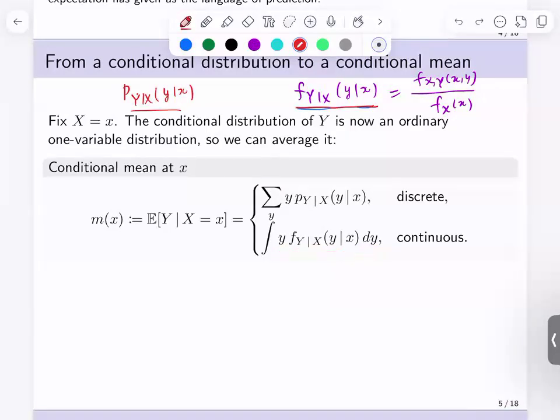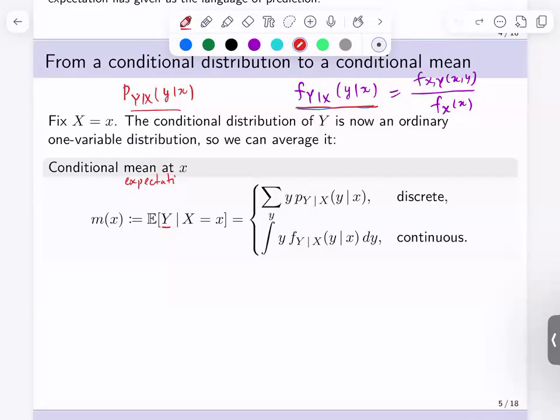This is a notion of mean for this conditional density, and it would be denoted like this. It is the conditional mean of y given x. Assuming that x has taken value little x, what is the average value of y? Or the mean value, or the expected value. This is called conditional expectation, or conditional mean.